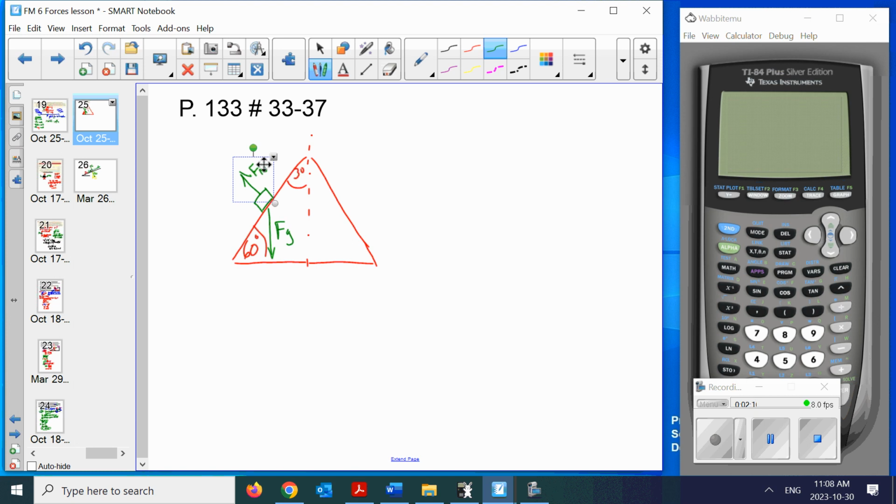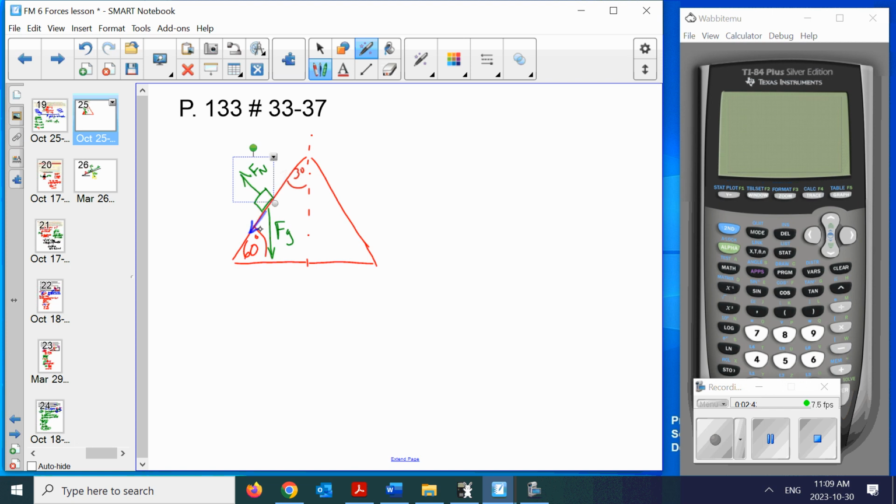Well, if it's a steady speed, it must be pushing itself up with an acceleration of 0. I'm going to use disappearing ink here. There's going to be a force that's equal and opposite to the component of the weight force that's pulling down, right? Otherwise, it would be sliding.